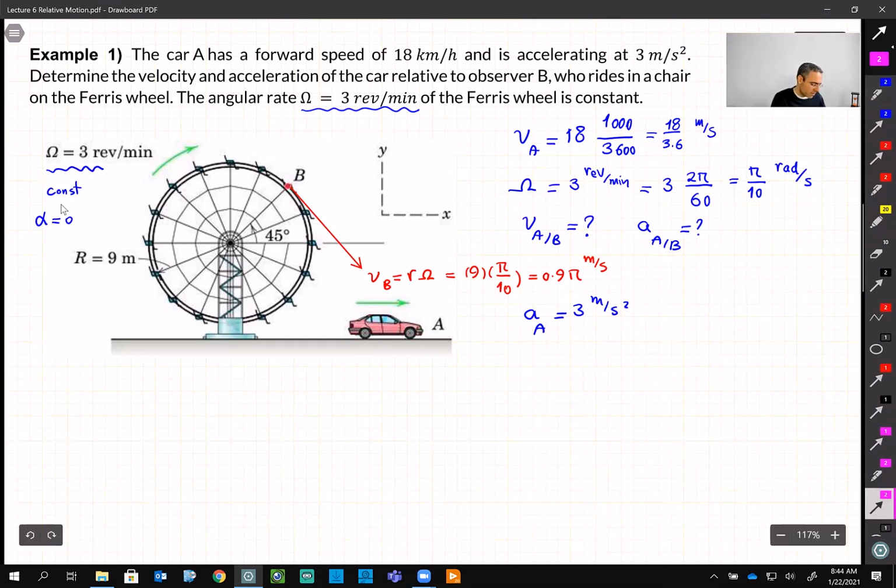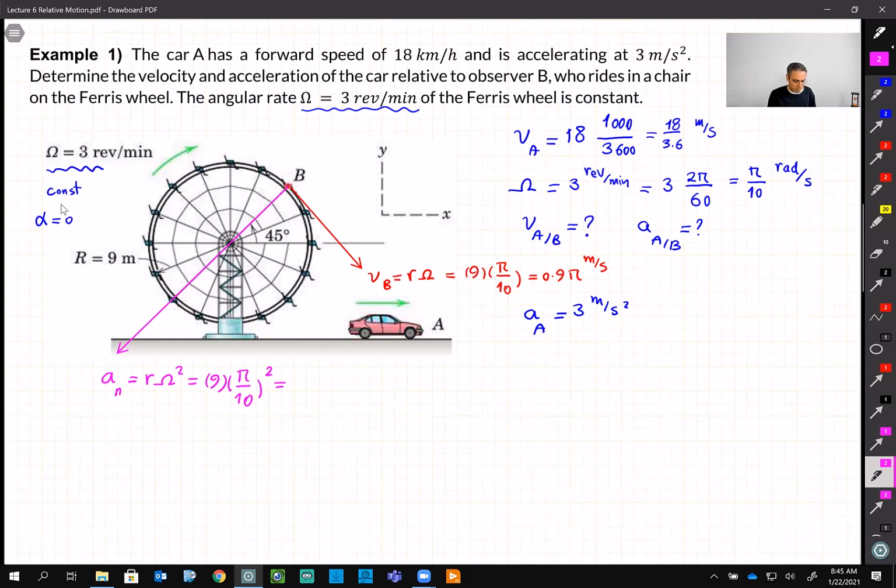So let me write it down here. I just made it a big vector so you guys can see. And an, we know, is equal to r omega squared. We have r, and we have omega squared.